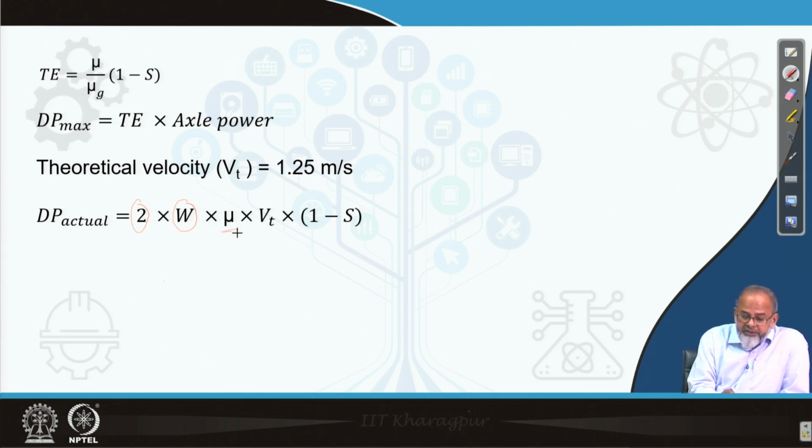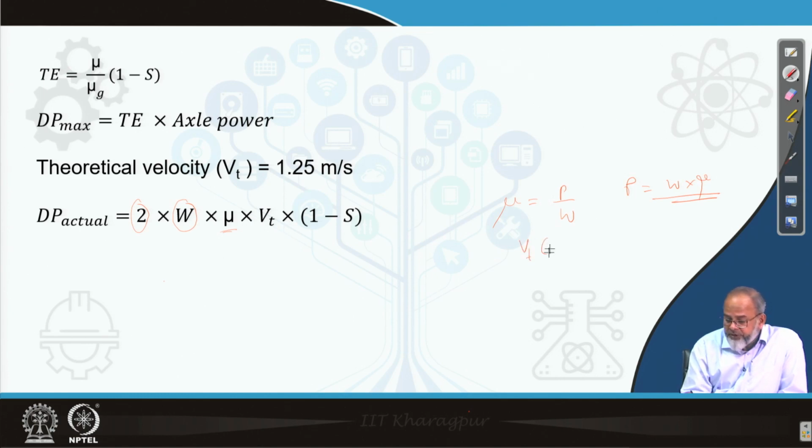So coefficient of traction mu is nothing but P upon W. So P will be equal to W into mu, and Vt into (1 minus S) will give you the value of V actual.